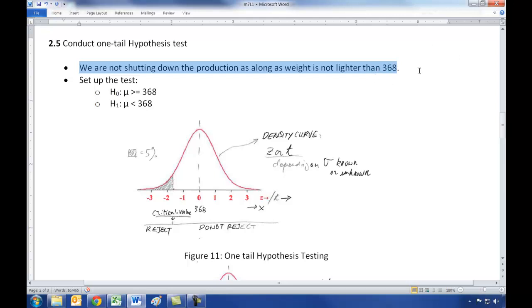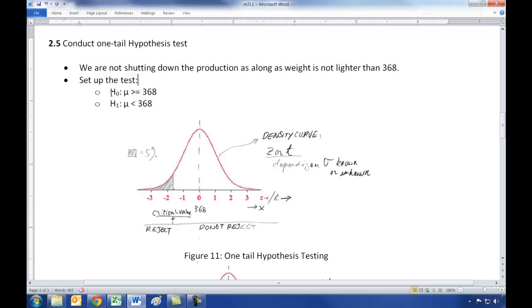In other words, customers will not complain if they receive a box of cereal that weighs more than what is specified. If that assumption is valid, then we can set up the test this way.